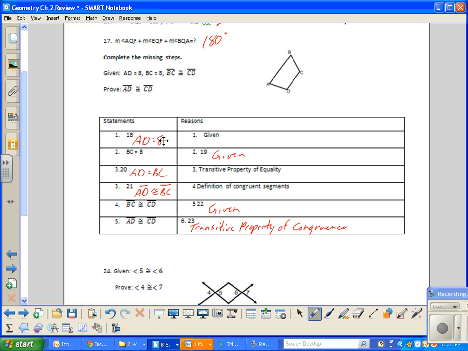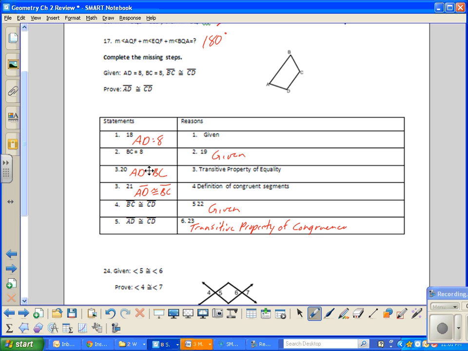And so if AD equals 8 and BC equals 8, by the transitive property of equality, since they both equal 8, they should equal each other, so AD equals BC. And then they give us the definition of congruent segments, and we use that rule anytime we want to switch between congruent or equals.